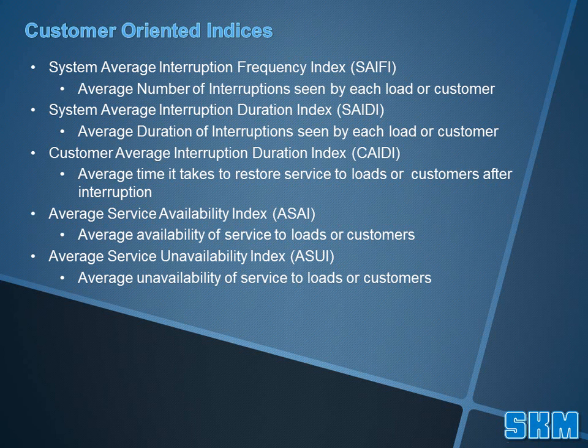Customer Average Interruption Duration Index, which is the average time it takes to restore service to loads or customers after an interruption. Average Service Availability Index, which is the average availability of service to loads and customers. And last, the Average Service Unavailability Index, which is the average unavailability of service to the loads.